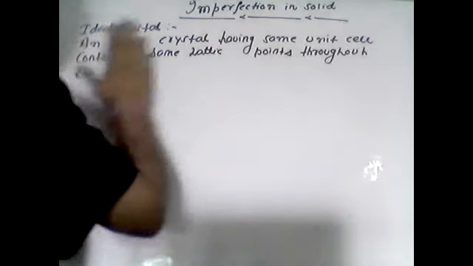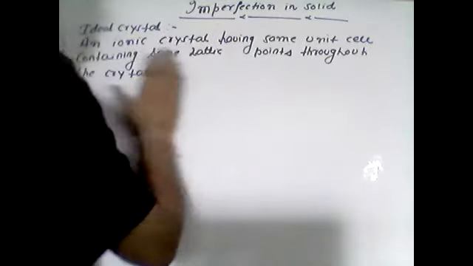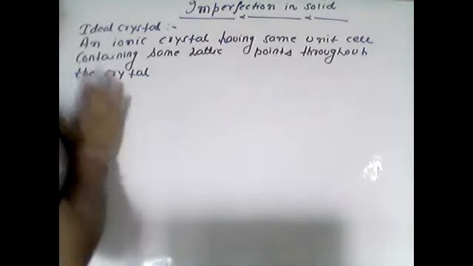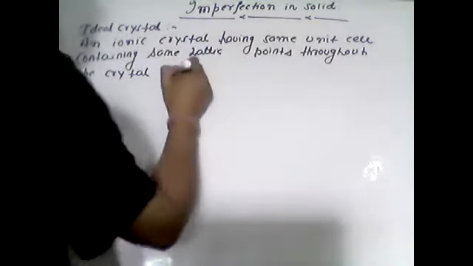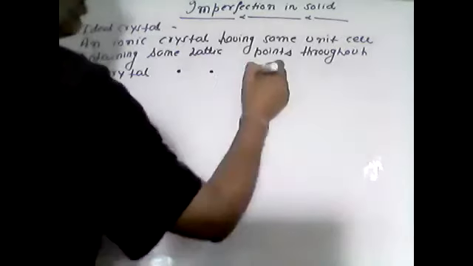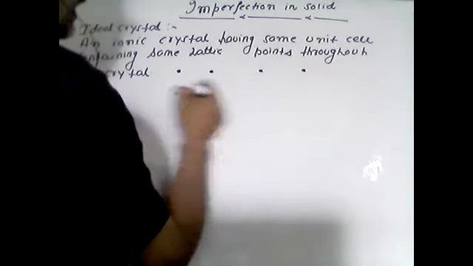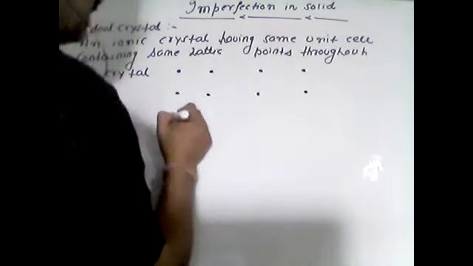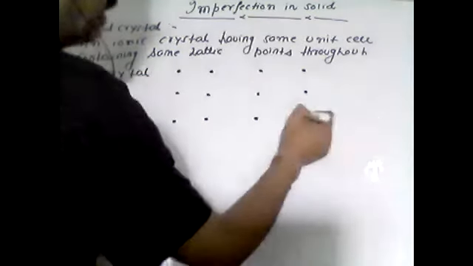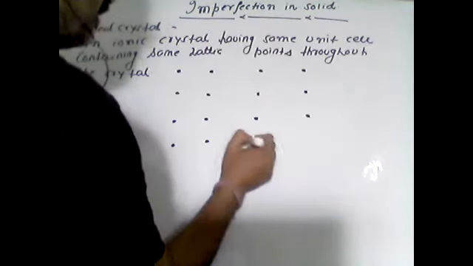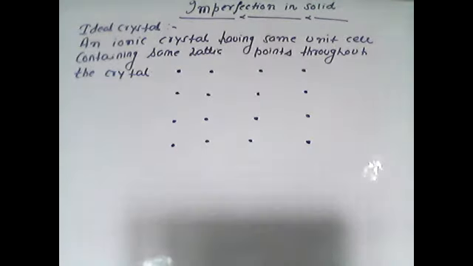An ideal crystal, an ionic solid, having the same unit cell containing the same lattice point throughout the crystal, we call ideal. Let me first draw the ideal lattice. Suppose you are all standing in a line like this. These are the solid, these are the lattice points. So this is the ideal one. But what happens?